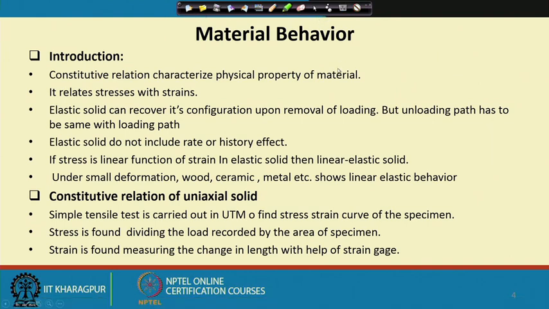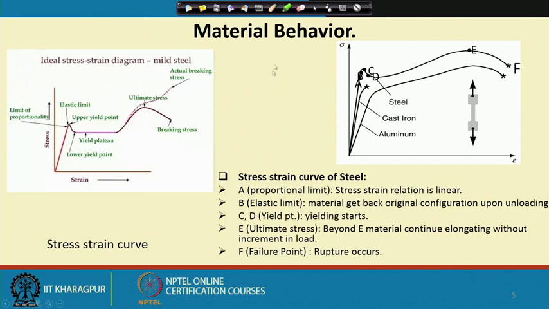Now, this is a typical stress strain curve. For instance, mild steel has a very distinctive material behavior. This portion is essentially linear. From here there is some nonlinearity or curved behavior. Then it reaches some point and suddenly drops to another point.